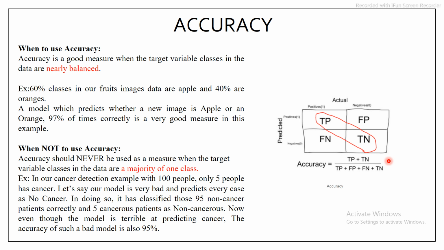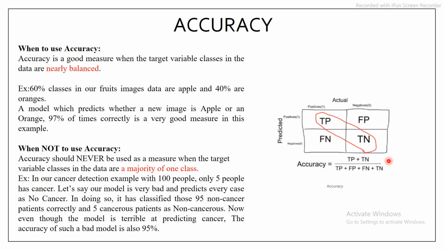Let's say you have 1 lakh customer records, and out of 1 lakh, around 90,000 people are going to churn, and only 10,000 people are not going to churn. So in that case your data is imbalanced.